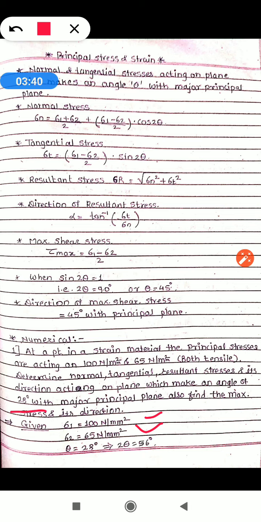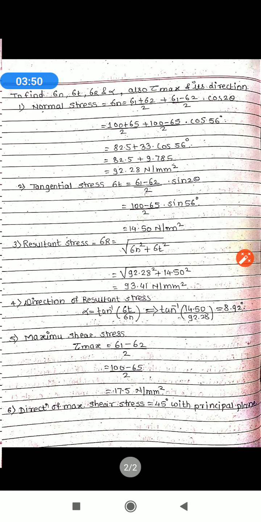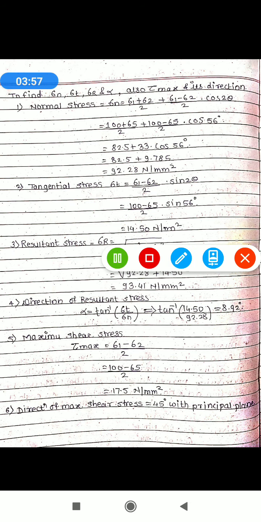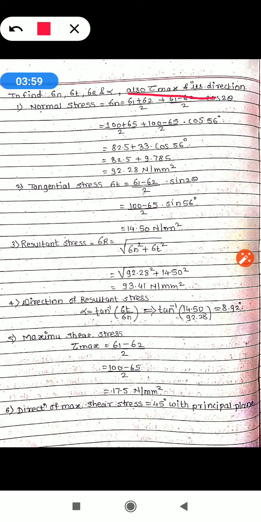And theta is 28 degrees, so 2 theta is equal to 56 degrees. Now, next page, to find sigma n, sigma t, sigma r and alpha, also tau max and its direction.